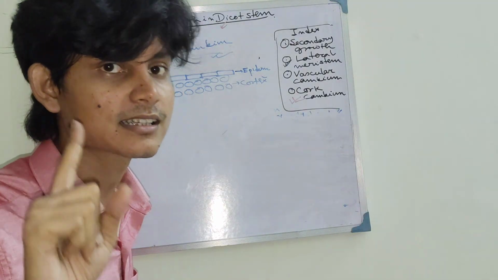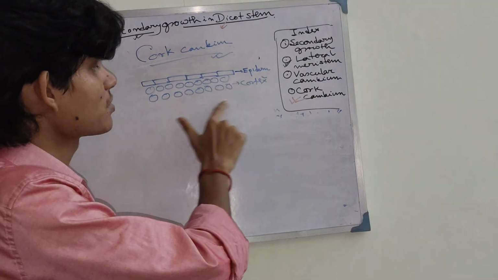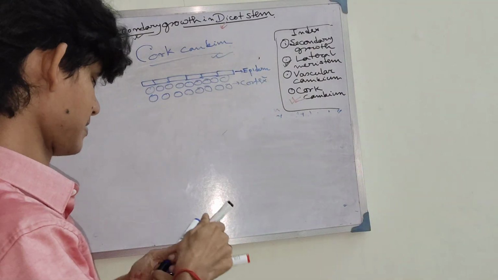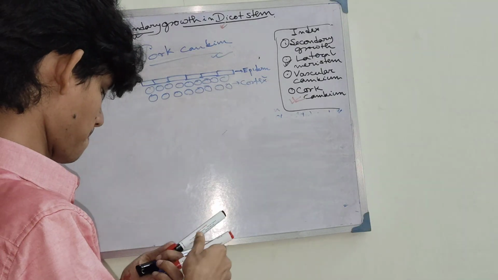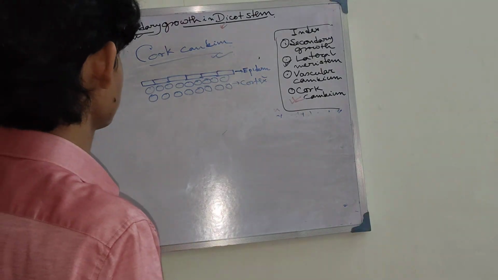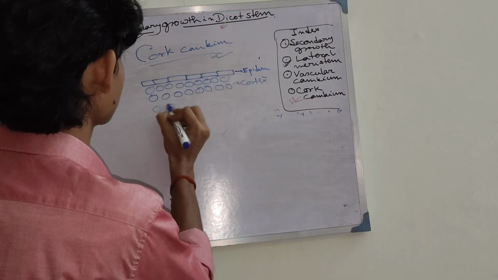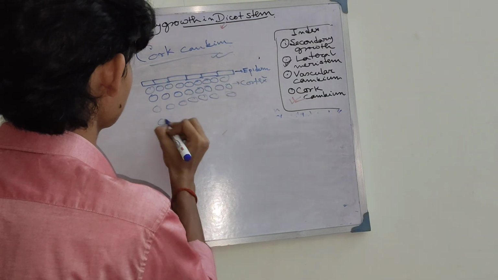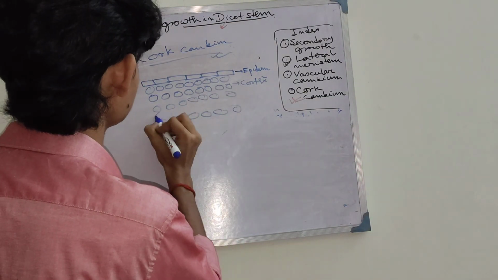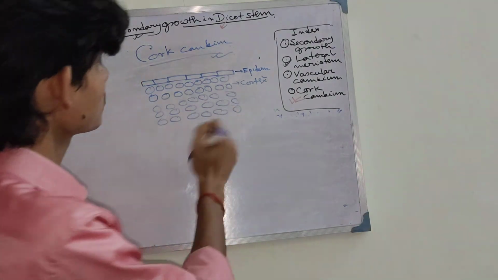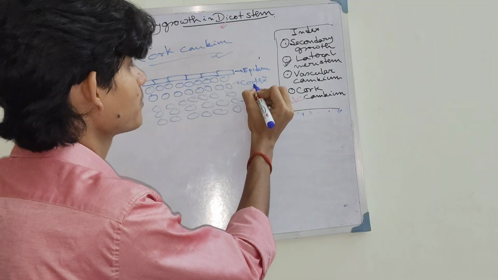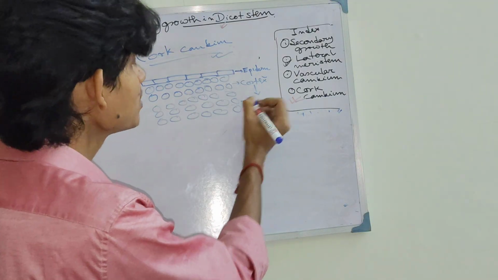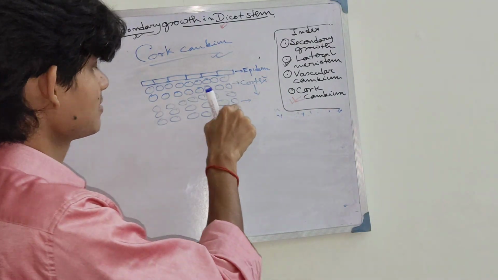Again by dedifferentiation. Some cells of the cortical tissue, some parenchymatous cells. Suppose these parenchymatous cells of the cortical zone get dedifferentiated.